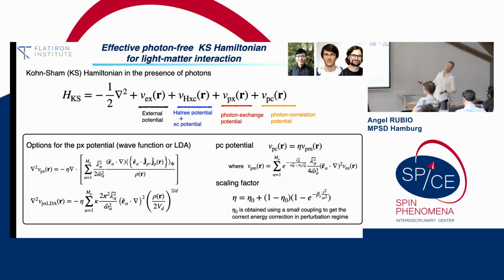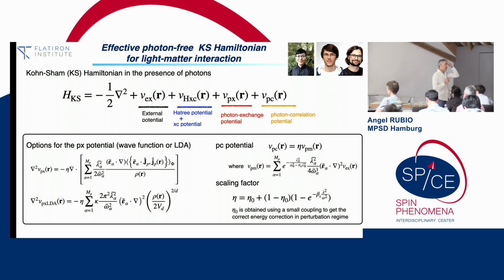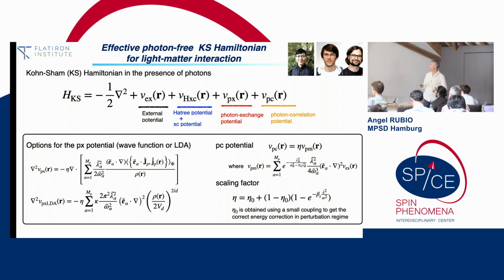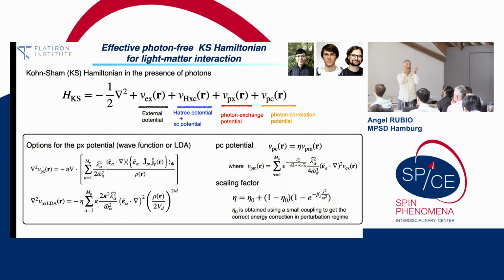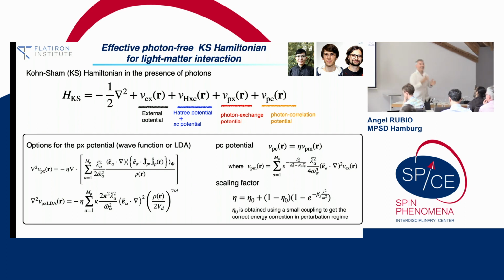You can put coupled cluster if you wish. And then this photon exchange potential and the photon correlation potential that is based on the LDA for the photon-electron homogeneous electron gas. Just to give you the expression, it's analytic. You can get the one for the LDA of the photon field, which is just the product of correlation, the current fluctuations that Daniele was discussing, but this is a way to put it in words for how it looks in practice.